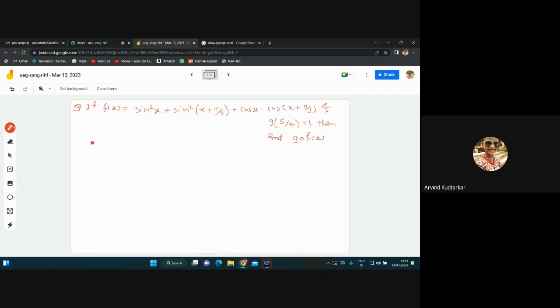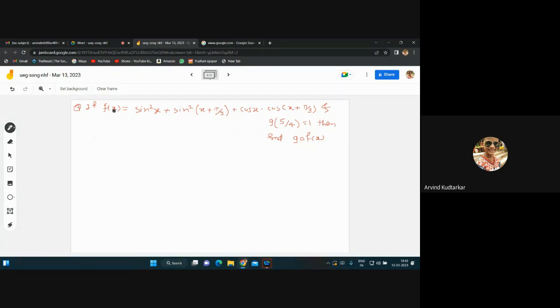So how to get there? Here f of x is given. To find the value, we first simplify the function. We will simplify by expanding some terms of the trigonometric function.